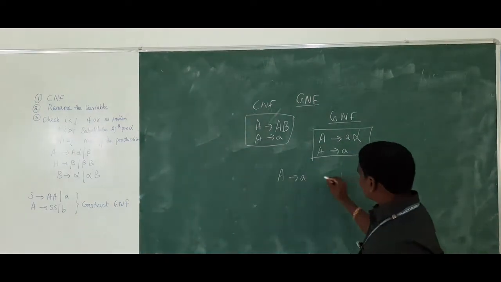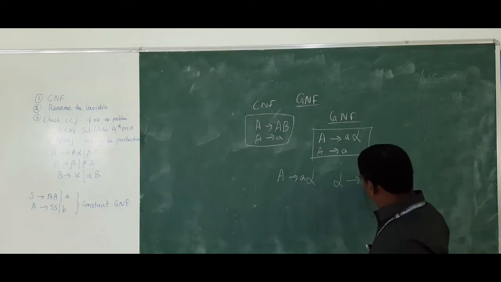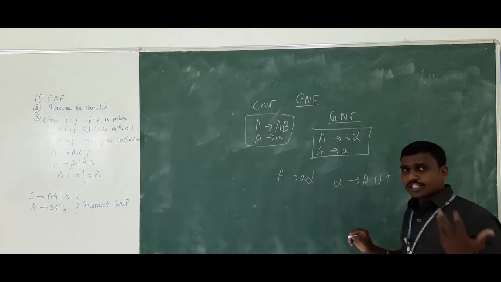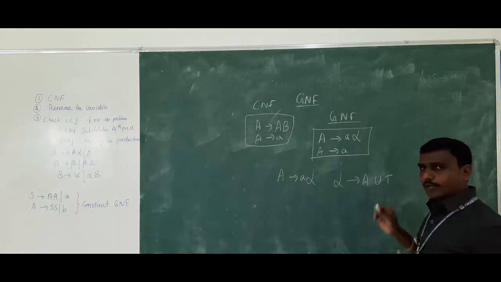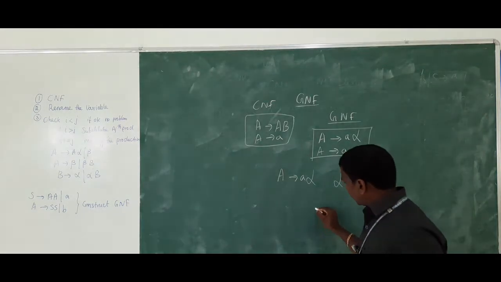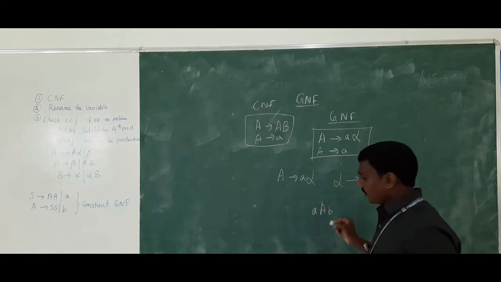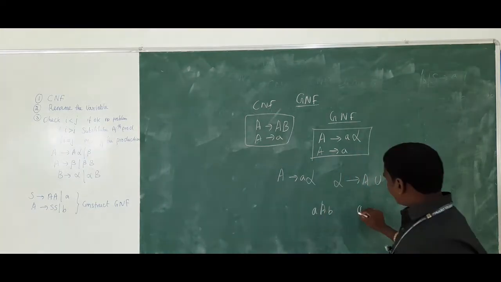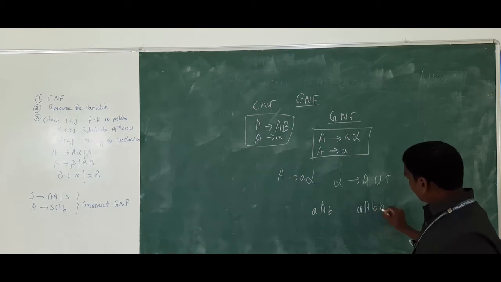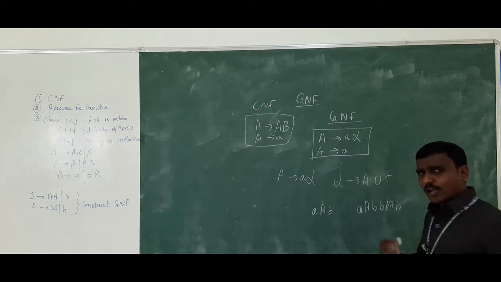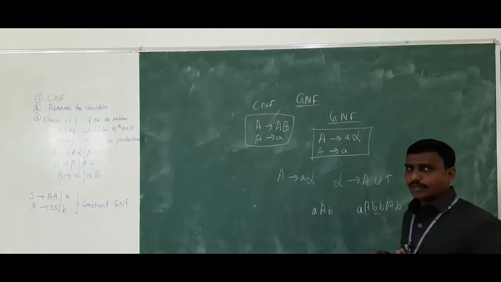And alpha means it is a combination of variables and terminals, whatever it may be. For example, it may be AB, or ABB, AB, etc. A combination of variables and terminals, alpha.